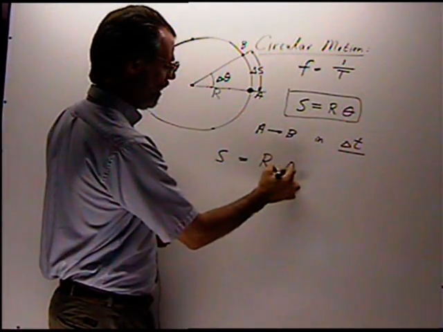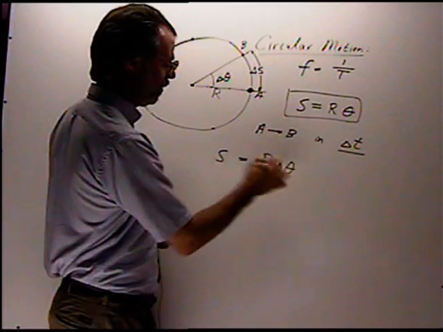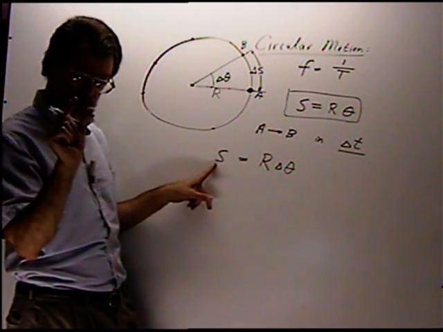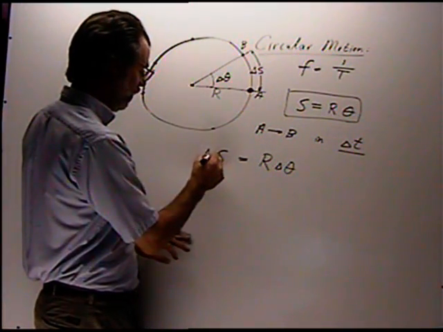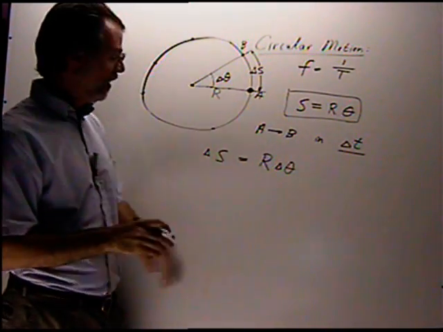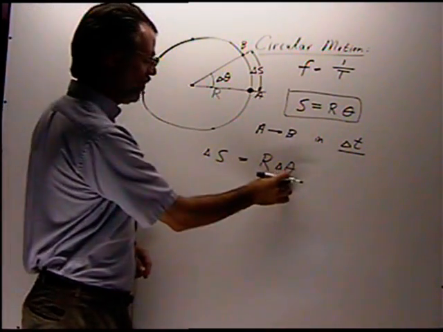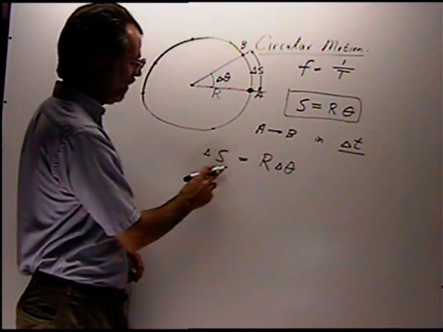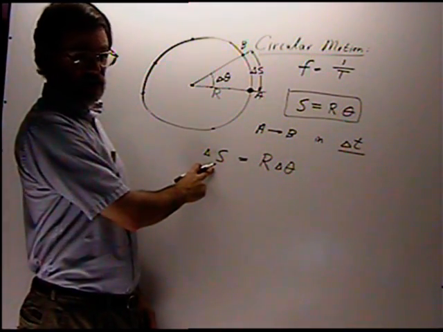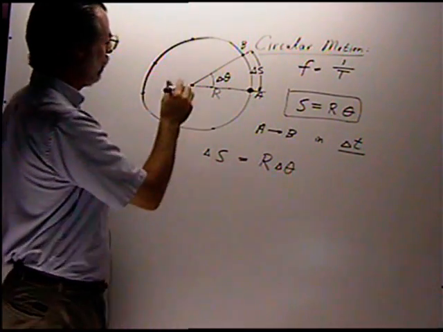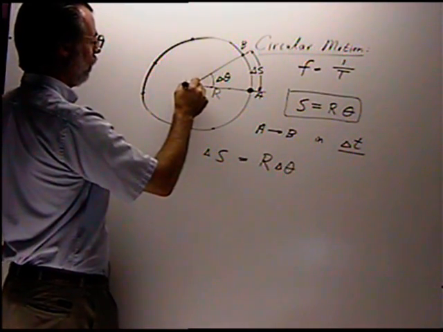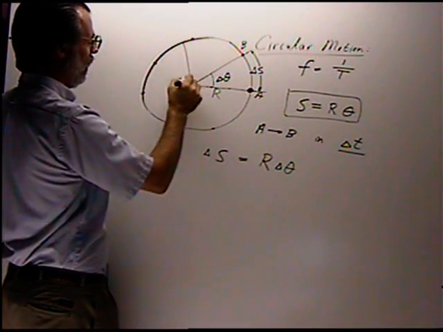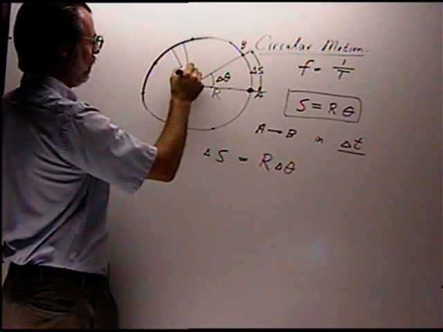If I change theta by just a little bit, I'll call that delta theta, and I will change S by a corresponding little bit called delta S. So a small change of delta theta times R gives me the corresponding arc length, delta S. Suppose I'm here, just as an example, and I only change a very small amount.